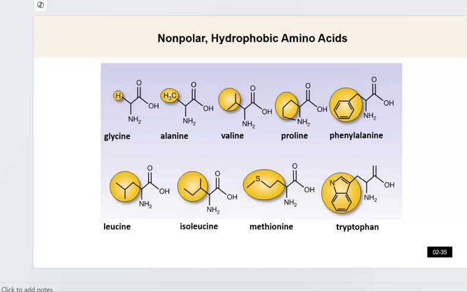The fact that every amino acid has a carboxyl group and an amino group means that individual amino acids are generally polar and hydrophilic, right? So they have that electronegativity gradient that makes them lean or gravitate more towards one side, making them polar. And polar molecules are more hydrophilic. They like water.